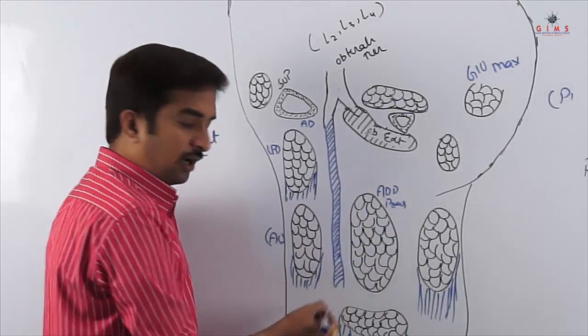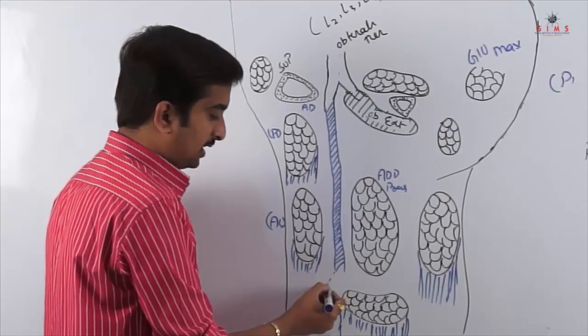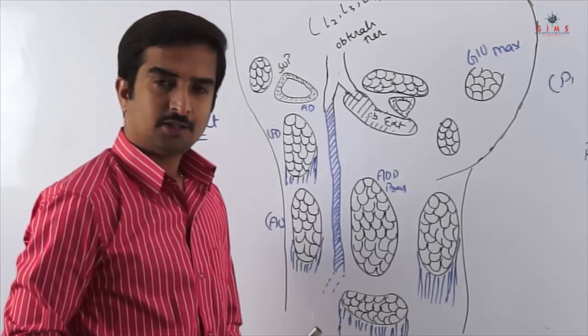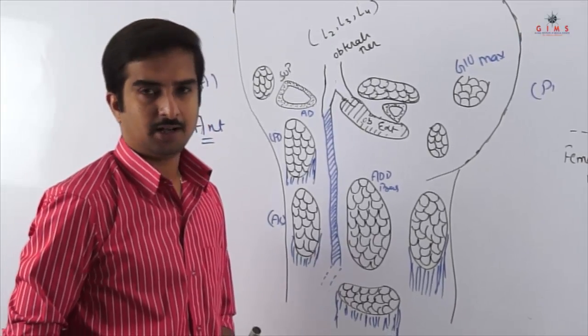Okay, and after it forms here, it finally terminates by supplying fibers to the femoral artery.